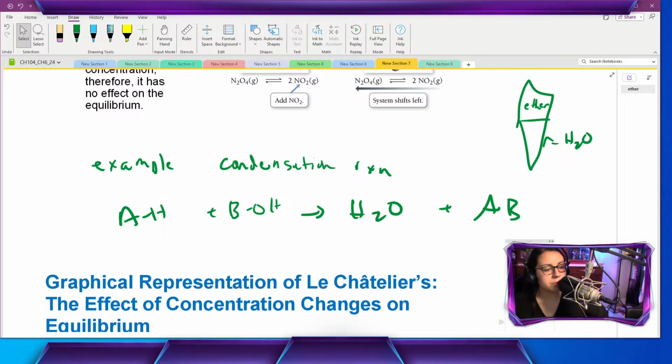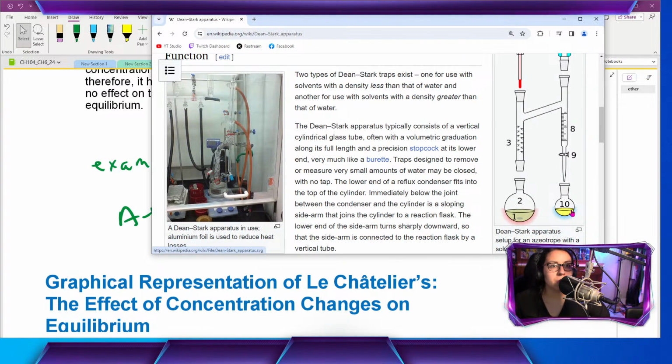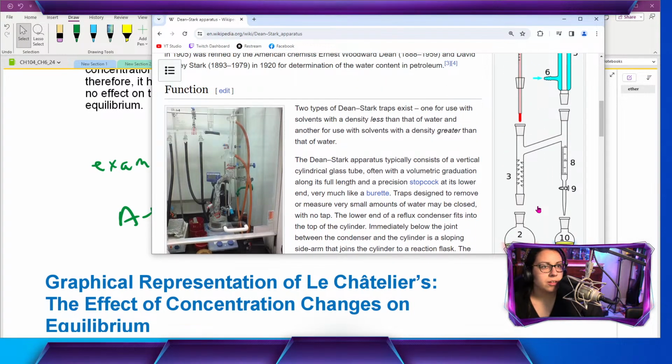Oh, now I lost my Dean-Stark picture. There it goes. And so your water starts collecting here at the bottom. And if it gets full, this is a little stopcock, so you can open it up and drain off your water. So it kind of breaks that all down there in schematic.